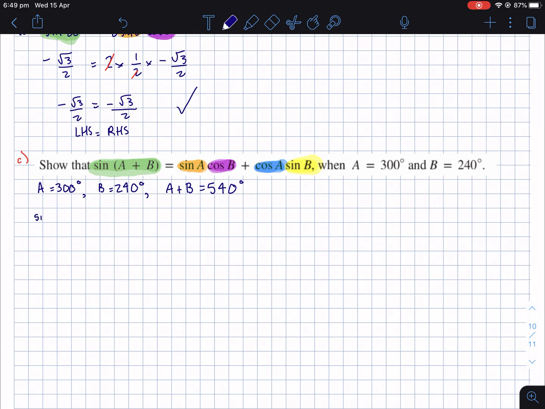So sine A plus B is sine 540. If I draw my diagram, 540 is all the way around, and then, so that's 360. What's 540 take 360? And then another 180.